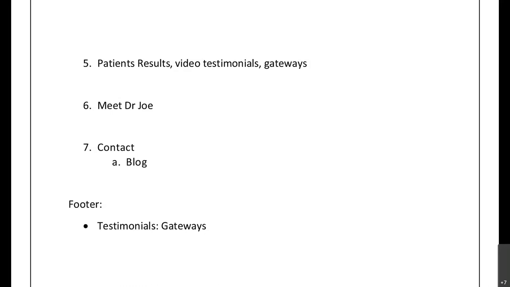In other words, each column will have 2, 3, or 4 videos vertically. So if there's 3 columns in the footer, there might be 3 to 4 videos per column. See? I want that patient to see a lot of people like me and say I'm good and I'm okay. You can call me.